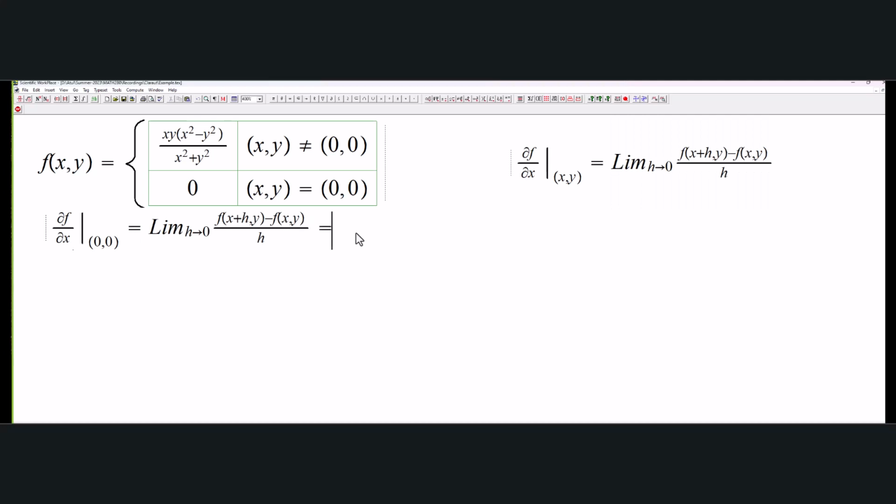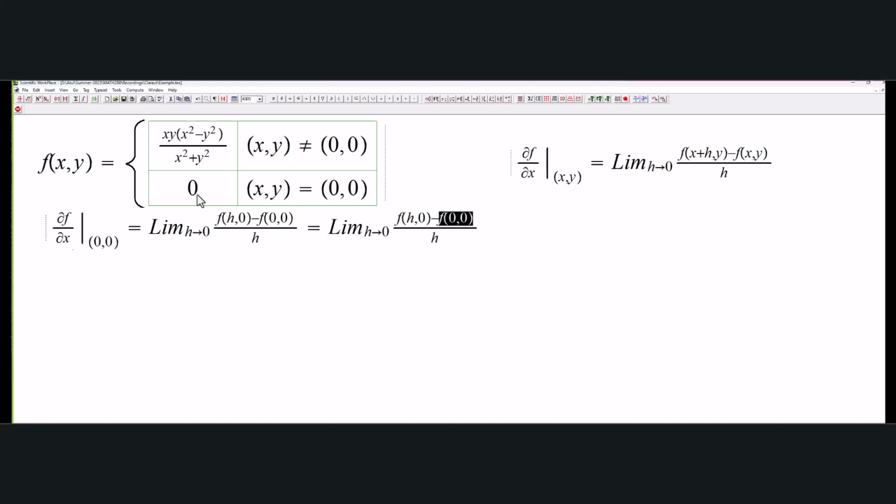Here is the limit, and now x is 0. So if x is 0, this term is out, and this is 0, and y is 0 as well.